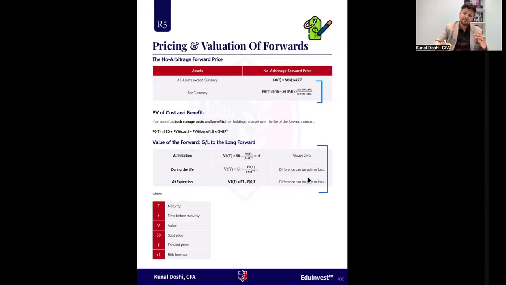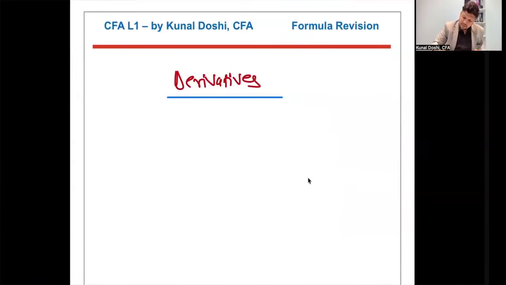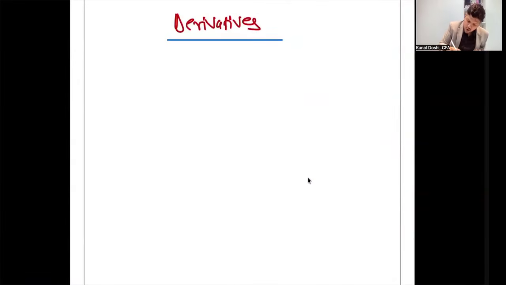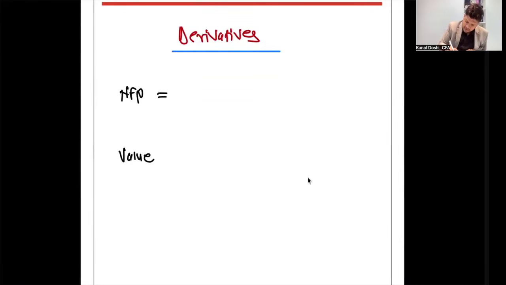Then I will do the pricing and valuation. That is the most important formula, right? So in pricing and valuation, I will do no arbitrage forward price and then value of the forward. So no arbitrage forward price, assuming no benefit or cost, it is simple. Spot into 1 plus risk-free to the power T. Everyone with me on this?